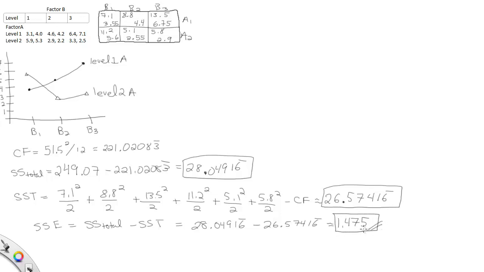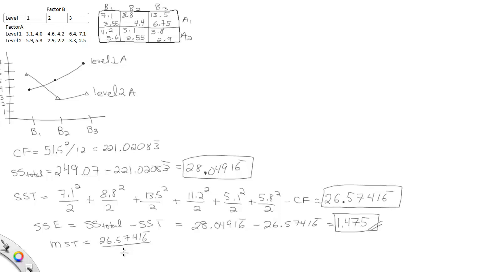Now, once you have the sum of square for error and you got SST, you can then form the MSE and the MST in order to run your test stat. So I'm just going to write down what MST would be. So MST is the SST value of 26.57416 repeating, but you will divide that by the degrees of freedom for the treatments.